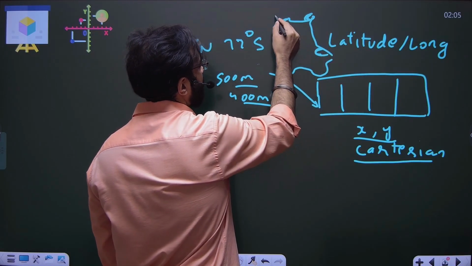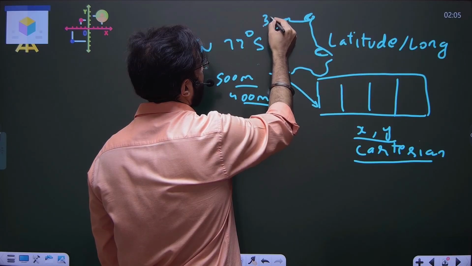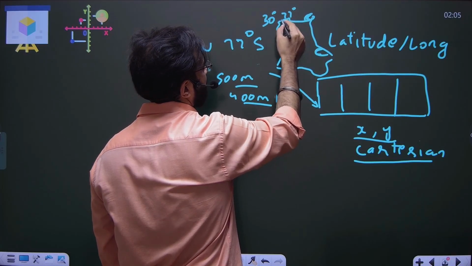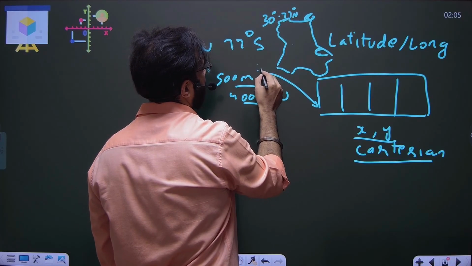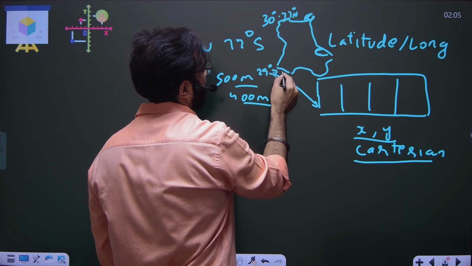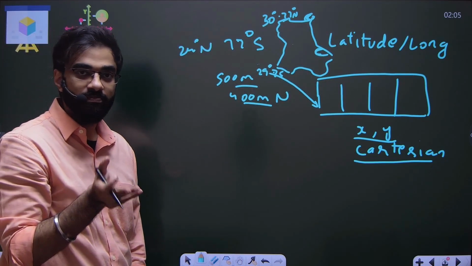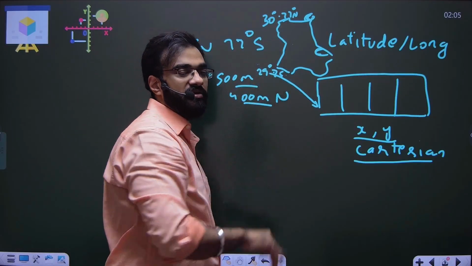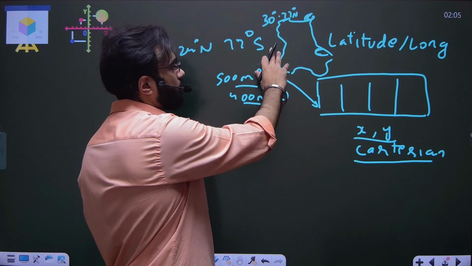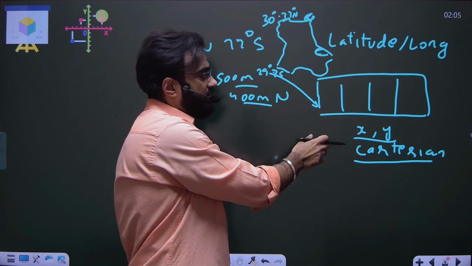So I say, okay, this is like 30 degrees and 77 degrees north, and this is 29 degrees, 75. I have these coordinates. How will I measure the area? The distance in meters cannot be measured from the degrees, so it has to be converted, for convenience, into 2D.